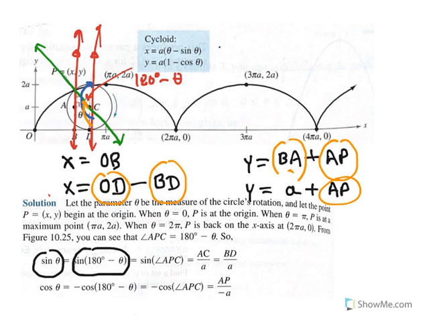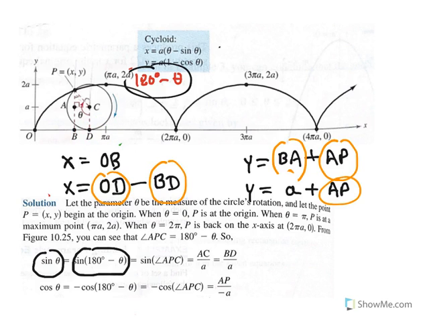Now, because of that theorem from geometry, when you have two parallel lines cut by a transversal, pairs of alternate interior angles are congruent. So that means the angle here, which I will highlight in black, right here, would also have a measure of 180 degrees minus theta.